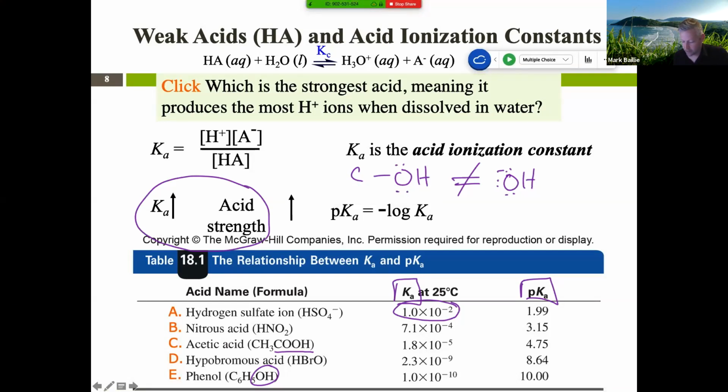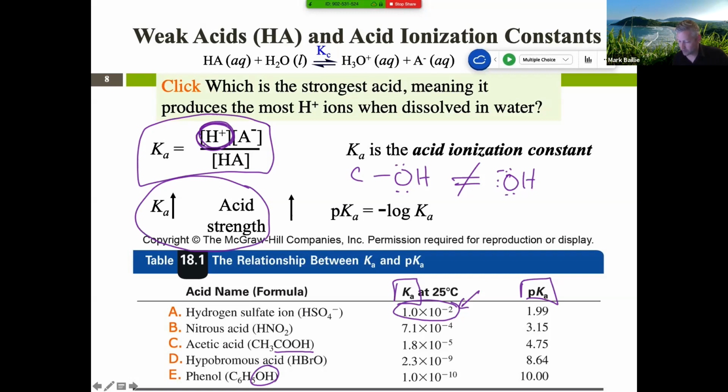Any Ka value or K value says that it's a concentration of products over the concentration of reactants. A strong acid is one that releases a lot of H+ ions. So the bigger the Ka value is, the more H+ ions are released when it gets put in water. And that's what makes it a strong acid. We know that the negative log of a bigger number is a smaller number as well.